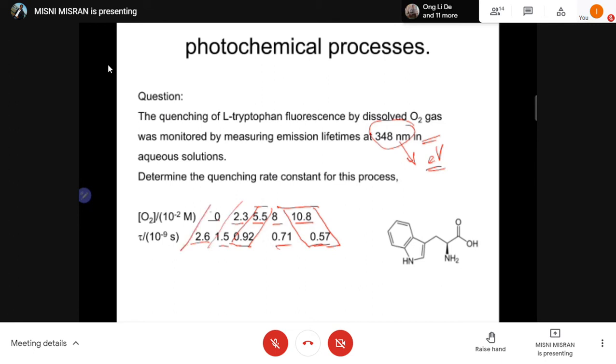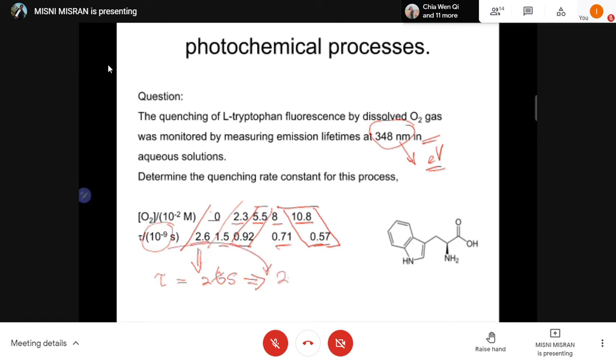Okay, so now when you have 10 to the power 9, don't forget, in your calculator, let's say the fluorescence lifetime equals 2.6 seconds. It's not 2.6 seconds. Remember, you have this one.